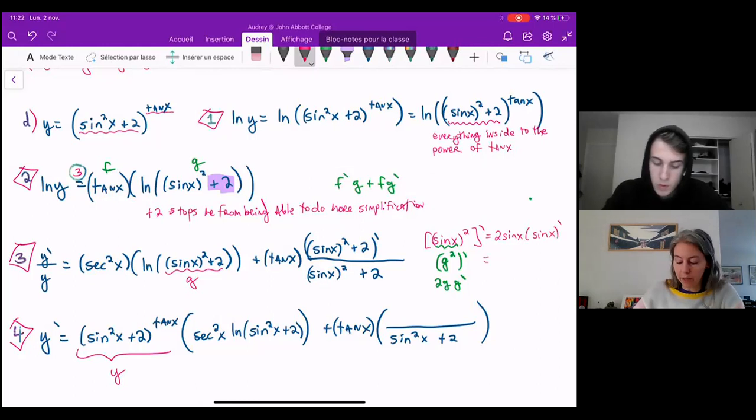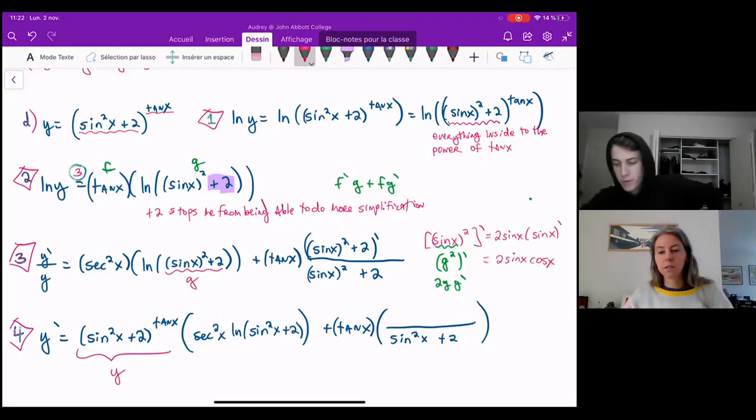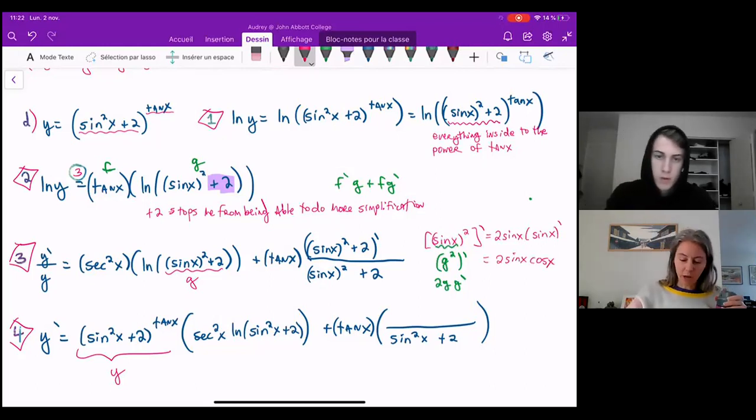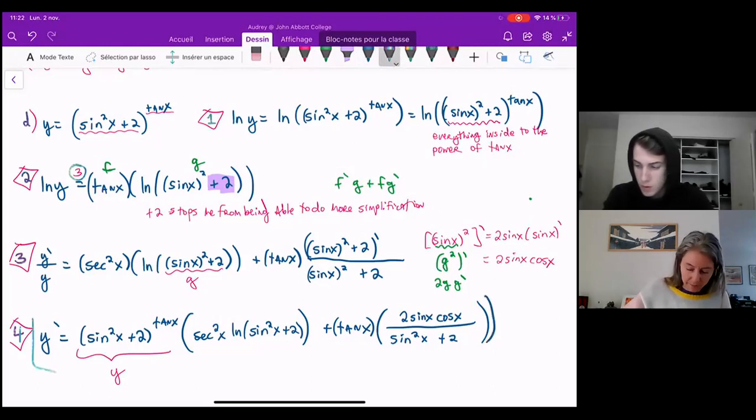So what I end up with is 2 sine x cosine x, which, David, is technically the same thing as what you wrote. So what I should have on top here is 2 sine x cosine x. And then I close my parentheses, and this is my final answer.